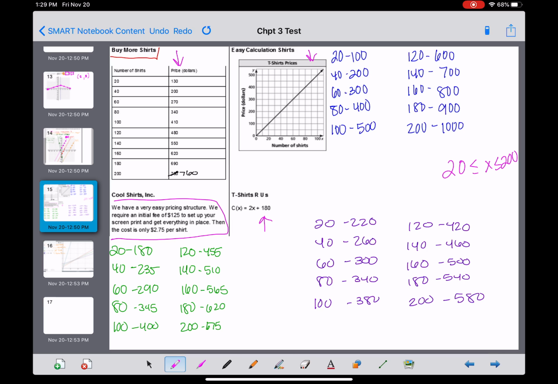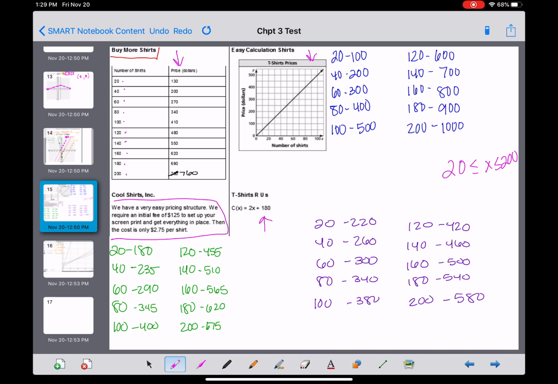All right, so I thought Buy More Shirts was a good example of if we were going to create a table of prices, it should emulate Buy More Shirts. So we should go in intervals of 20 all the way up to 200, since that's how many shirts they were looking at. So what I did is I just transferred my data over to table form.